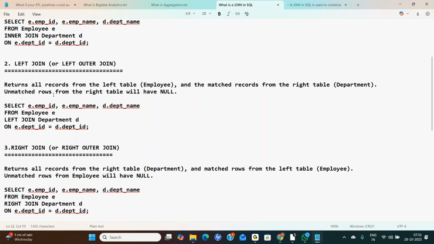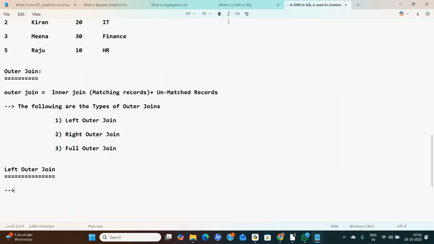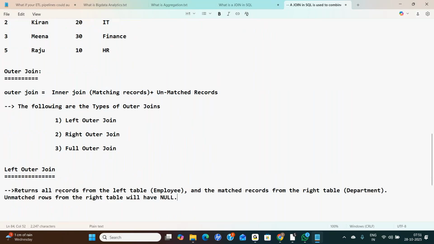Unmatched rows from the right table will have null values. This definition I am writing, and I'll share the notes, guys. Returns all the records from the left table, employee as per the example, and the matched records from the right table only.